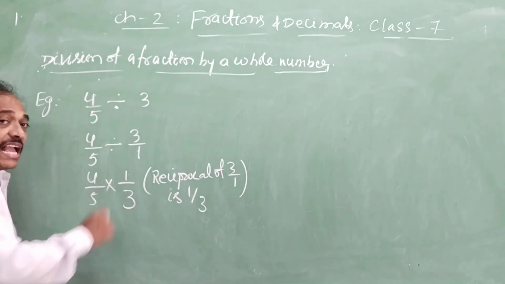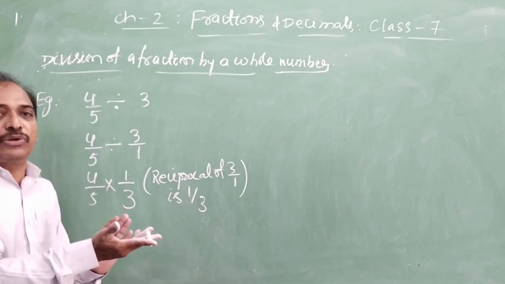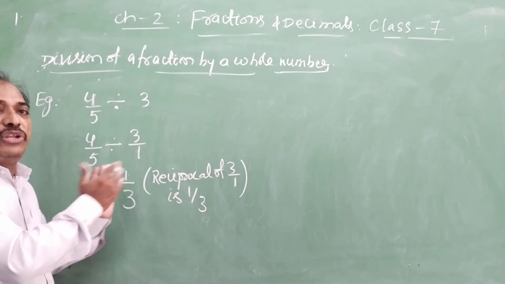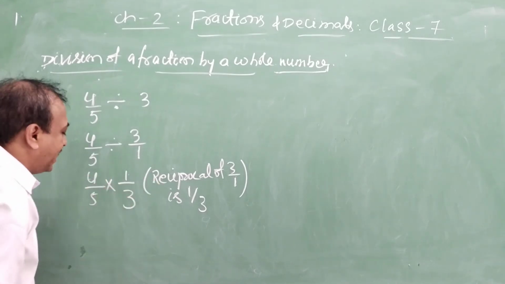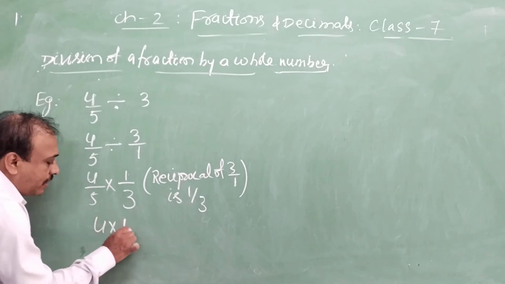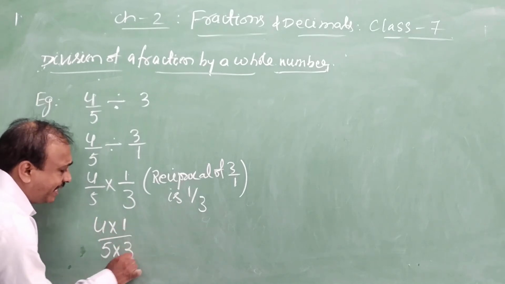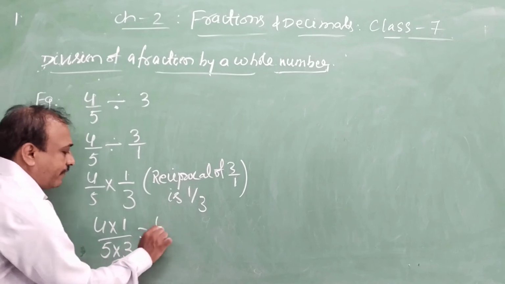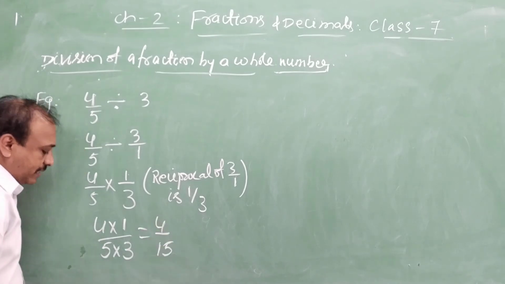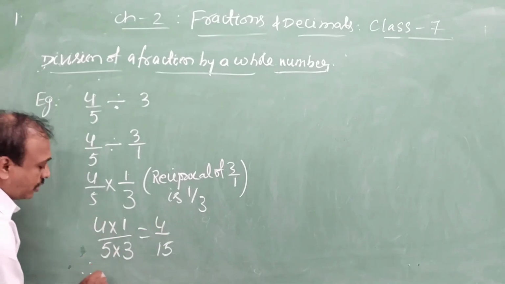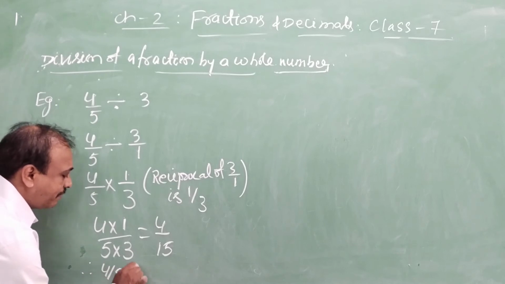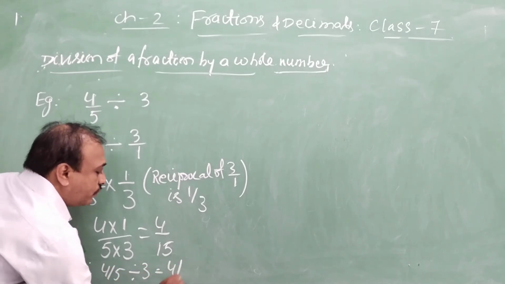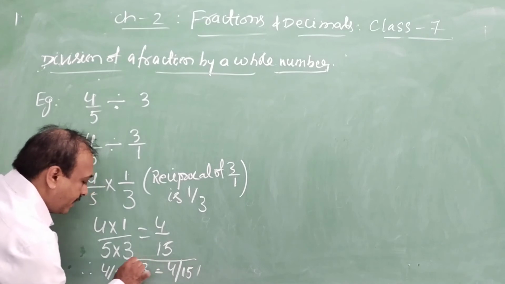So 4 into 1, as we know how to multiply fractions: both numerators and both denominators. So 4 into 1 by 5 into 3, which is 4 by 15. Therefore 4 by 5 divided by 3 is equal to 4 by 15.